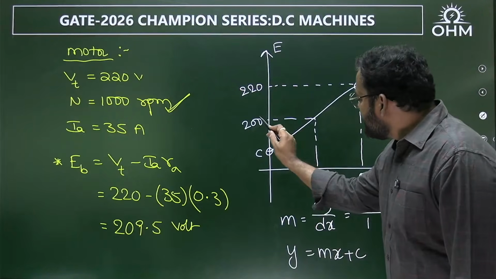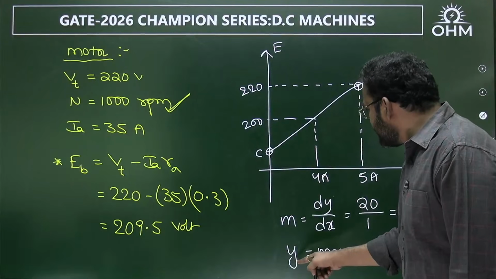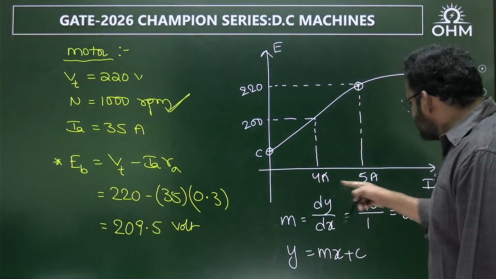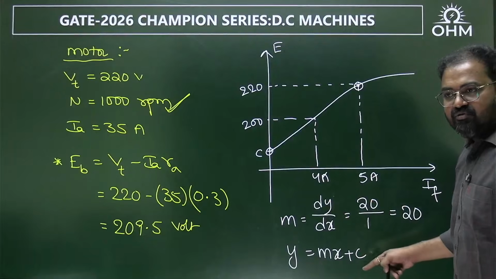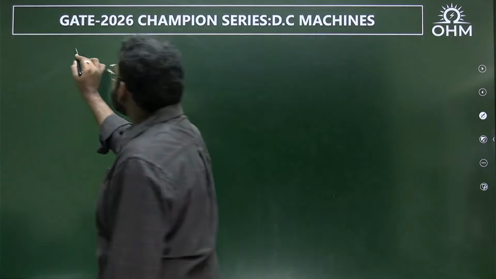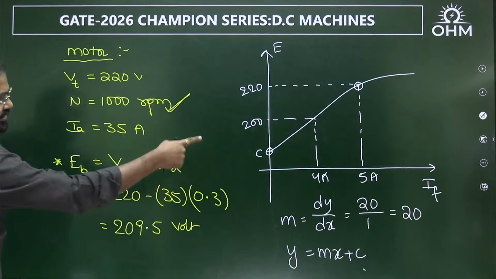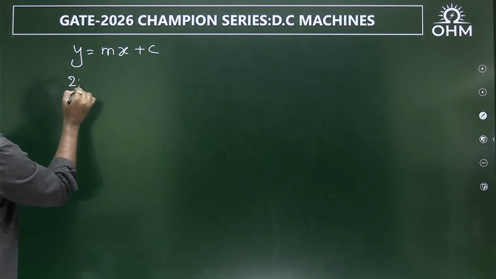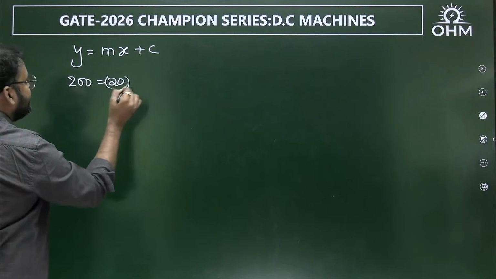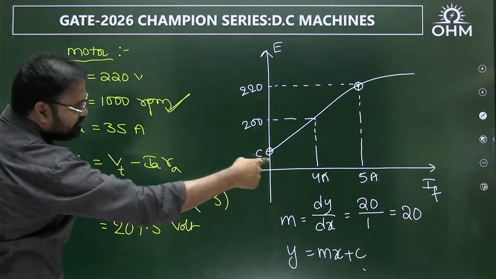Now you see, this is the y-axis, this is the x-axis. The y-axis will reach 200 when the x-axis is 4 ampere. So can you tell me what the constant c is there? y is equal to mx plus c. The y-axis value will reach 200, the slope is 20, when the x-axis, the field current, is 4 ampere.